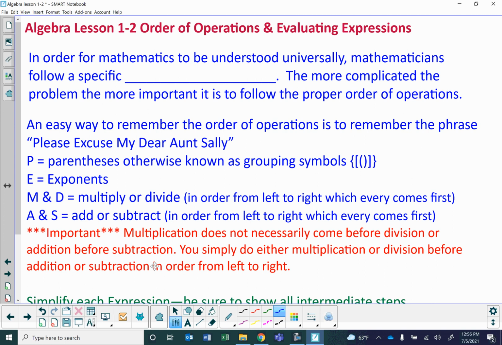For example, if they were Chinese, or Italian, or German, or from Switzerland, whether they speak Spanish, Italian, German, Mandarin or Cantonese, mathematics is what we consider to be a universal language. So they follow a specific order of operations, and this is really, really important.